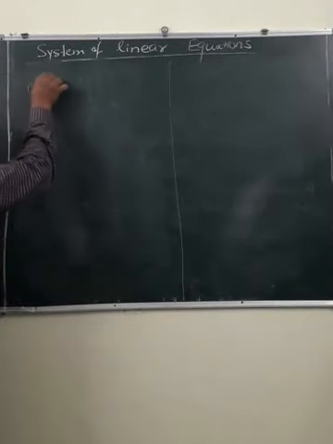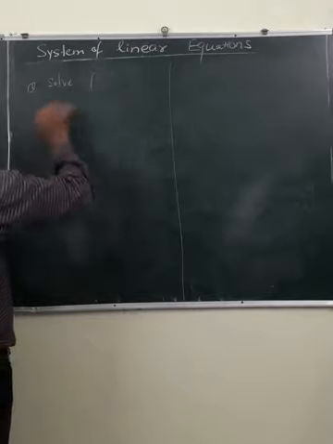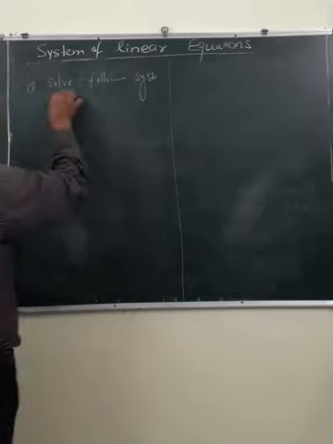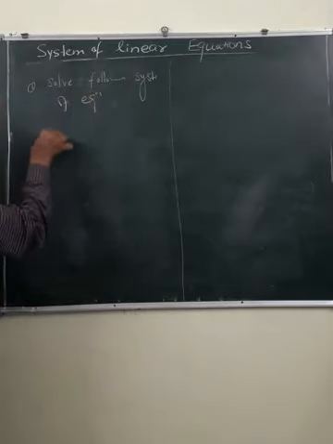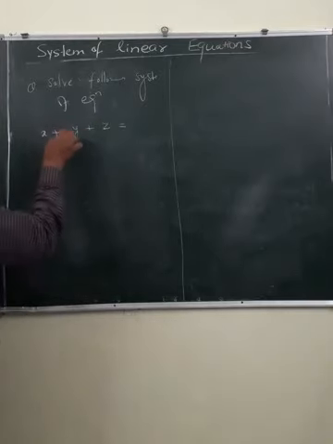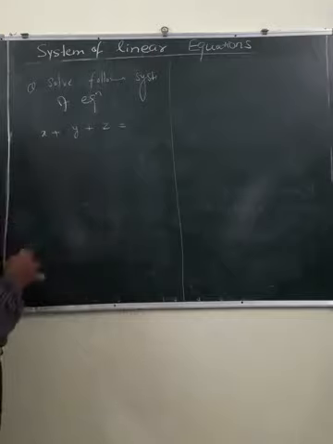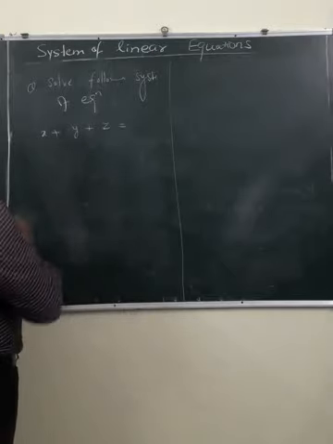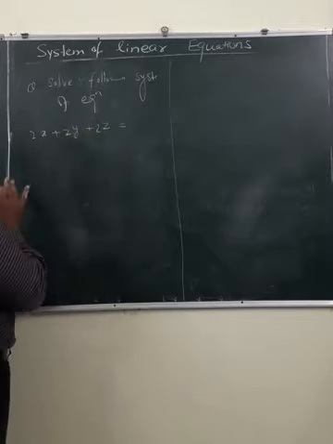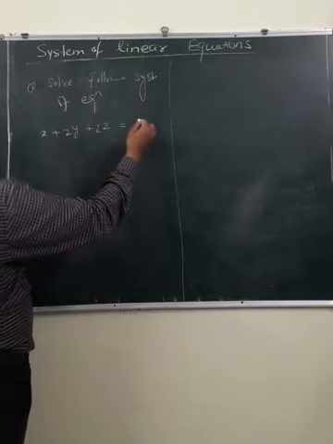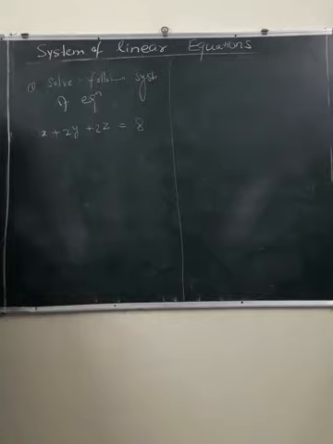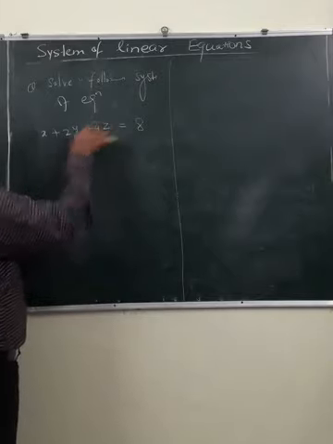Suppose first question is solve following system of equation: x plus y plus z is equal to 4, yeah, I am taking this. 2x plus 2y plus 2z, sorry, x plus 2y plus 4z is equal to 8.